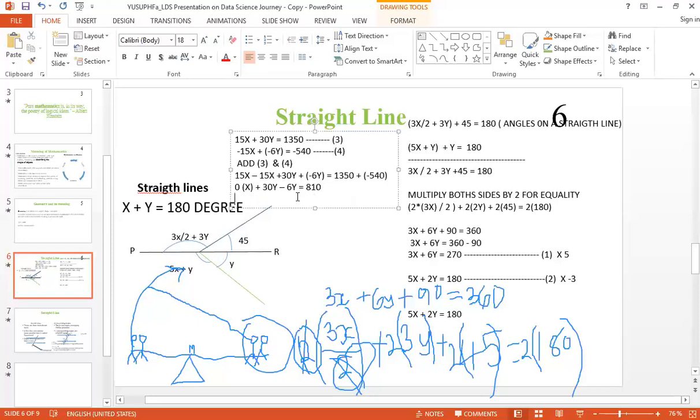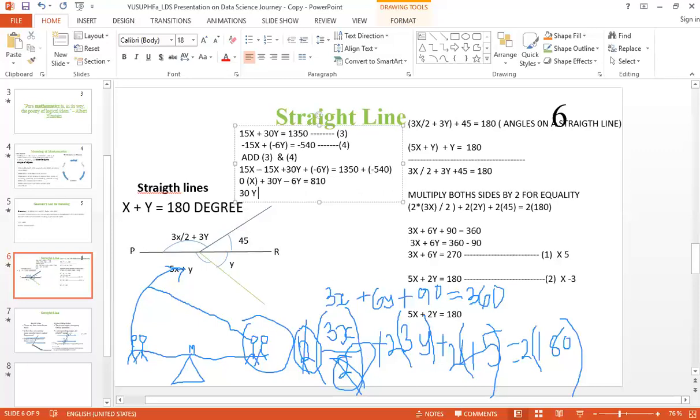So that means we will now have 30y minus 6y, which is 24y, right? 24y is equal to 810. So what is y going to be now?